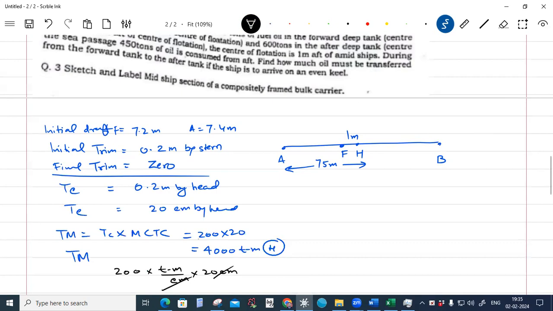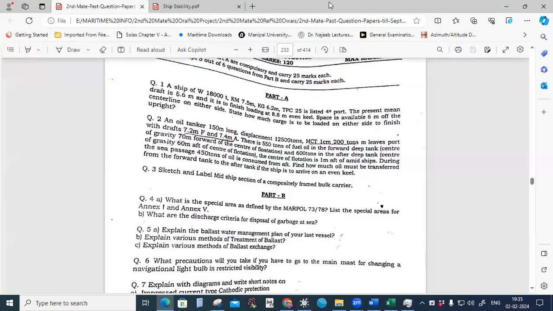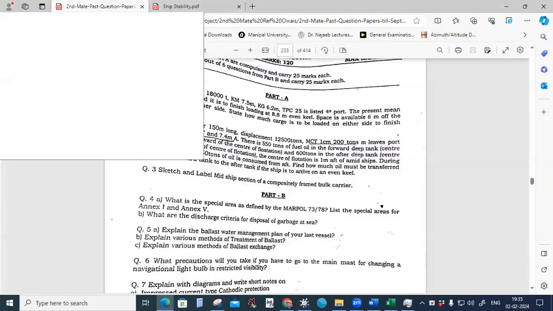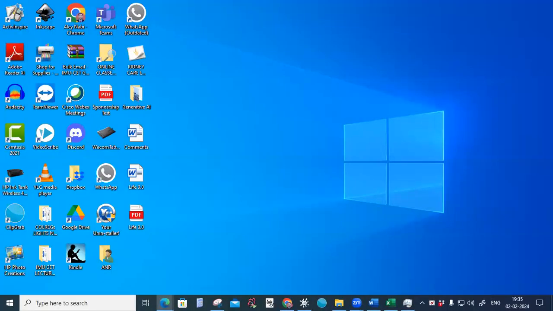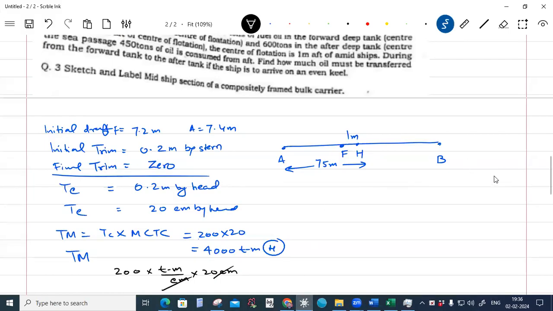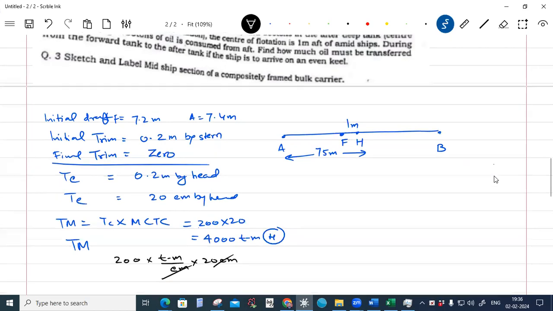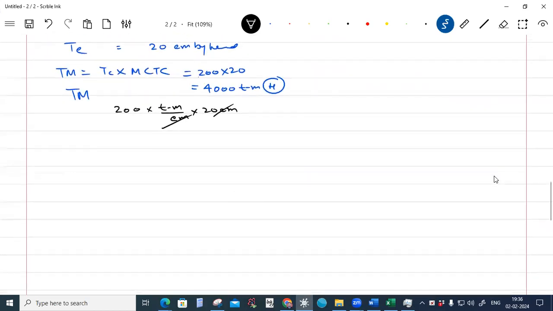What I will do, I will just open this question here on this side, so that I'm able to read it properly. Now let's see what is happening. Remark: weight, distance from center of flotation, and trimming moment.